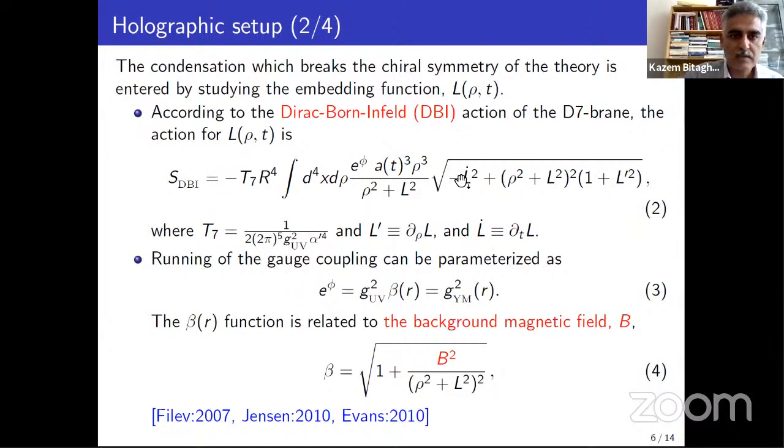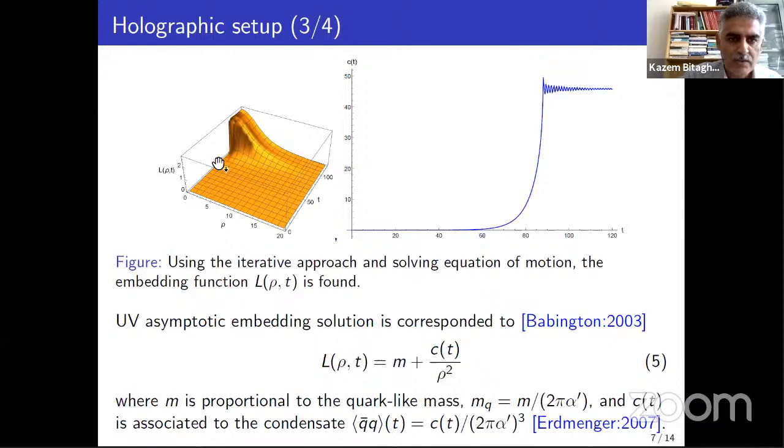We should solve the equation of motion which comes from this action. Certainly we should do this numerically to find the solution for L. Here you see L on the vertical axis, and in this direction we see rho, which somehow shows the energy scale in the theory, and this is the UV, somehow at 20.